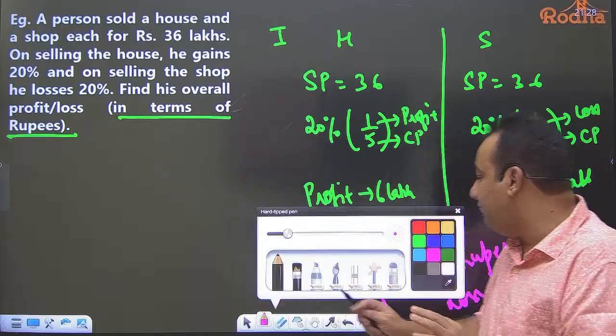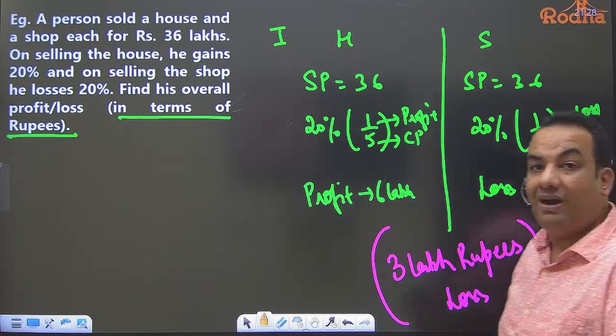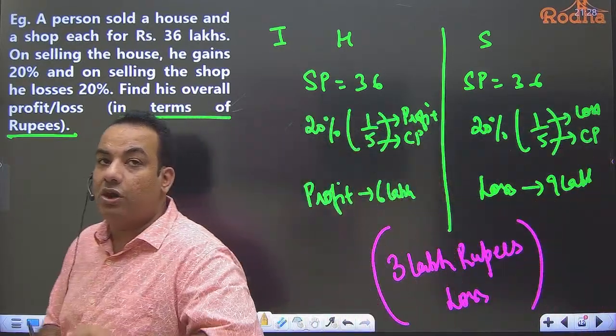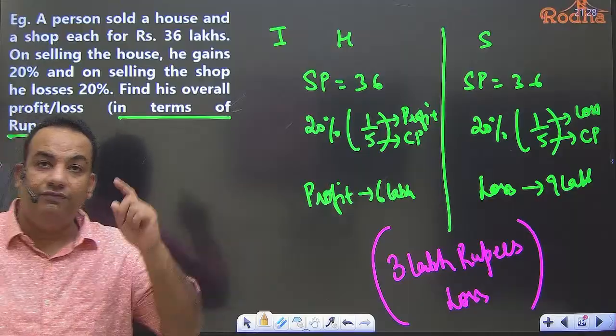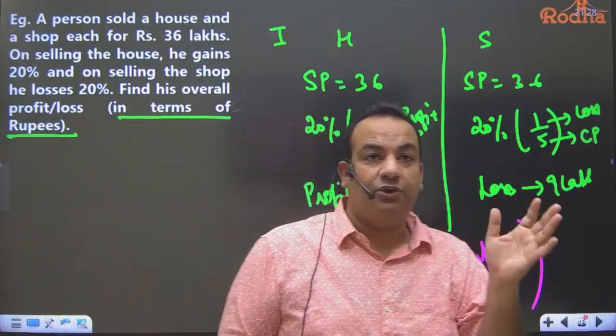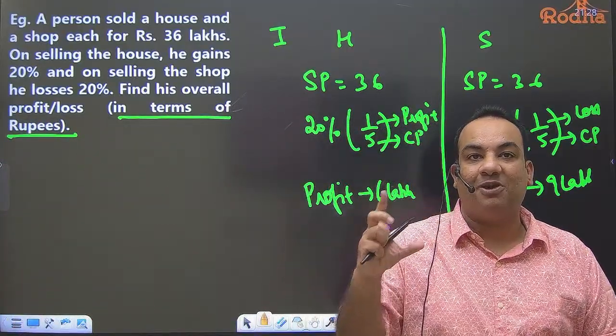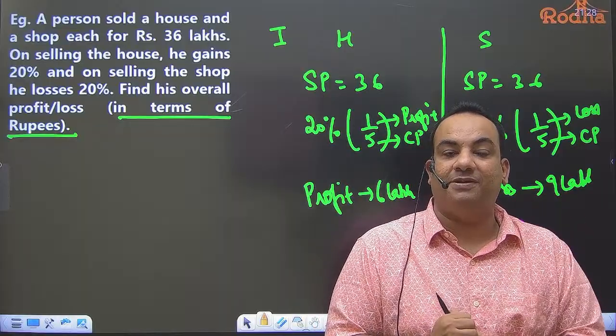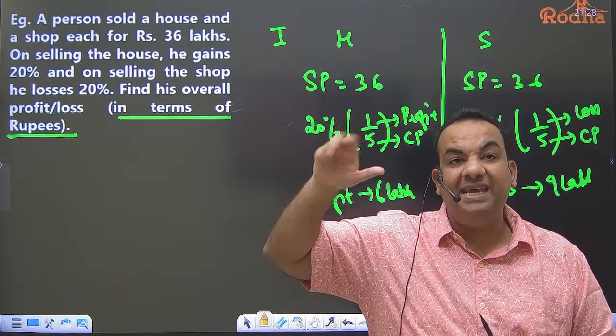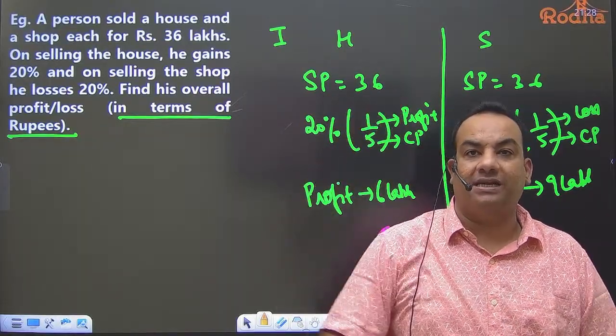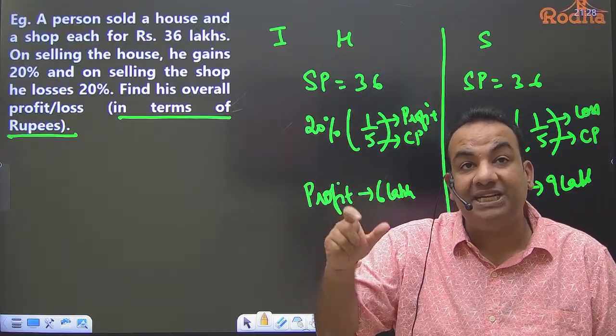Now, what I find is that all of you have given the answer as 1.44 lakh. That is wrong. I know what you have done. You have used that logic: if selling price of two articles is the same, one is sold at a profit of P%, other at a loss of P%, then there is a loss of P square by 100%, that is 4% loss. But 4% of what value?